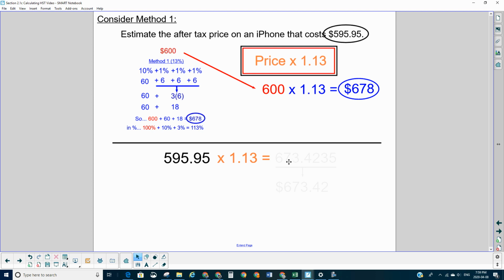And I'll give you a moment to punch that in your calculator. 595.95 times 1.13, and we get 673.4235. Of course, your cash register is not going to spit that out. It's going to round it to $673.42, which is the exact calculated after-tax price of this phone. So no more estimating, we're going to actually calculate it.